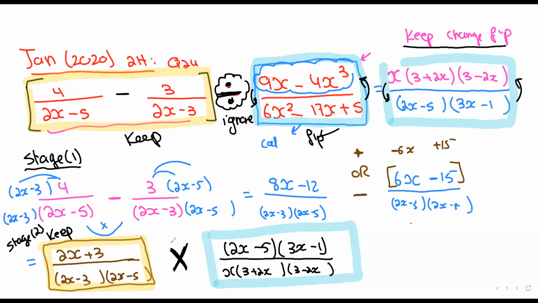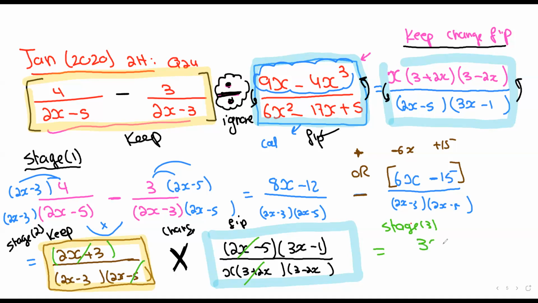stage 2 اللي هي keep change flip. اوكي طبعا خلاص بقى stage number 3 is the final answer اللي هي canceling out. This is stage 3 اللي هي الفاينل answer اللي هي canceling out اي حاجه فوق في زيها تحت. فعندنا هنا 2x plus 3 ده موجود هنا زيه up and down وعندنا هنا 2x minus 5 ده موجود زيه up and down.